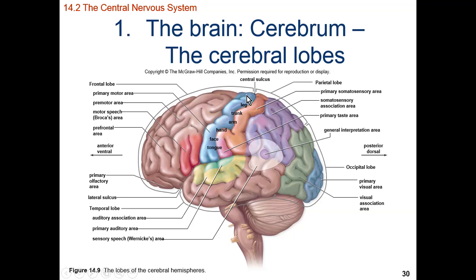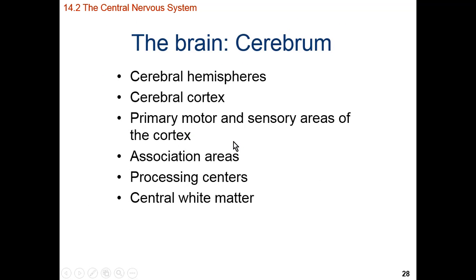That primary motor area is located on this precentral gyrus on the frontal lobe, and the primary somatosensory area, or primary somatosensory cortex, is located on this postcentral gyrus of the parietal lobe. My bad. And we also are going to have some central white matter in the cerebrum. Think of that corpus callosum that I pointed out to you.